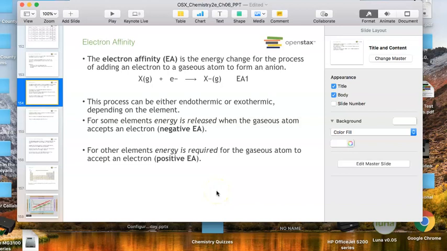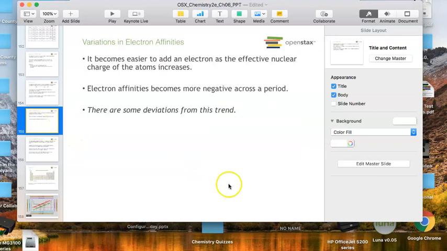For some elements, energy is released when the gaseous atom accepts an electron, so it has a negative electron affinity. For other elements, energy is required for the gaseous atom to accept an electron, so it has a positive electron affinity.